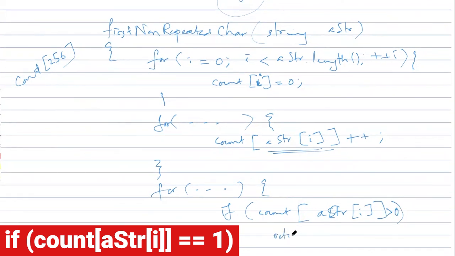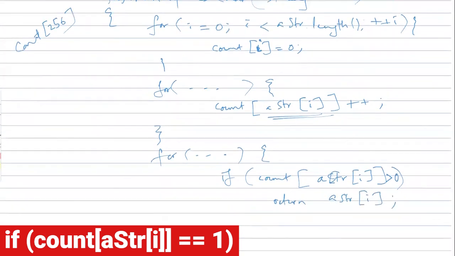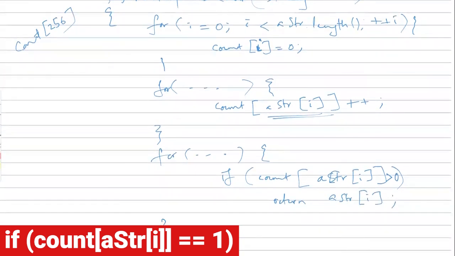Then you return str of i. Otherwise, you return maybe -1.